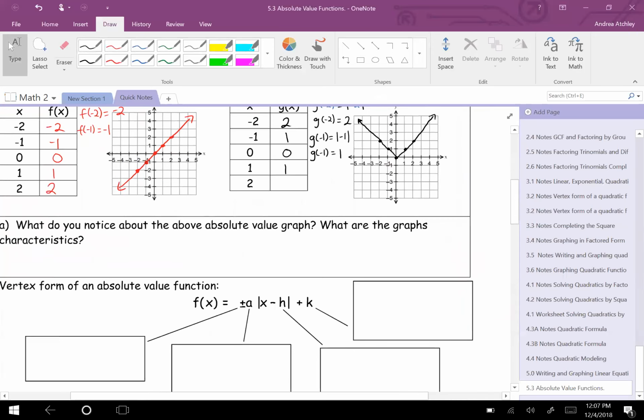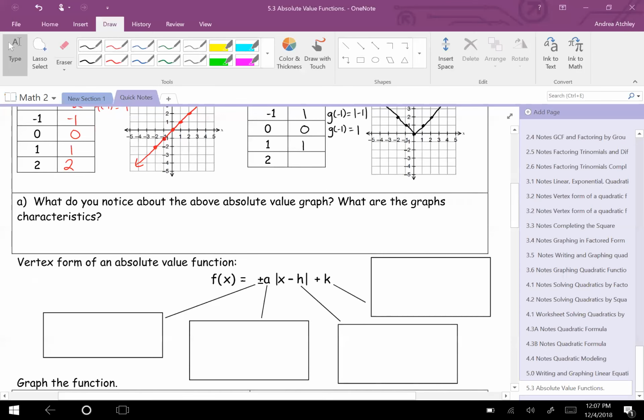Okay, describe what the graph looks like. What do you notice about the above absolute value graph? What are the graph's characteristics? Okay, so you guys write out what you notice.